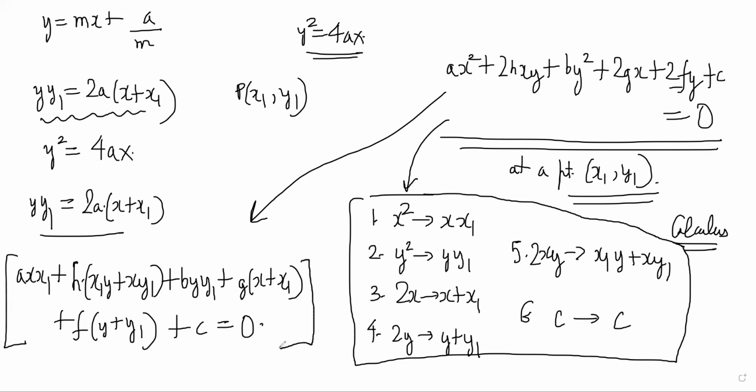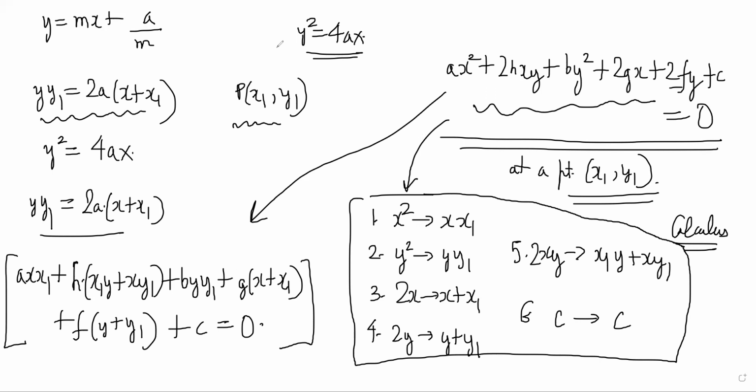This is your equation of the tangent at a point x1, y1 in general to this curve. Just make a note of this. This is important to know because all the time you don't want to derive the equation. If the point is given, directly you can put the point in the curve by this rule and you'll get the tangent immediately.